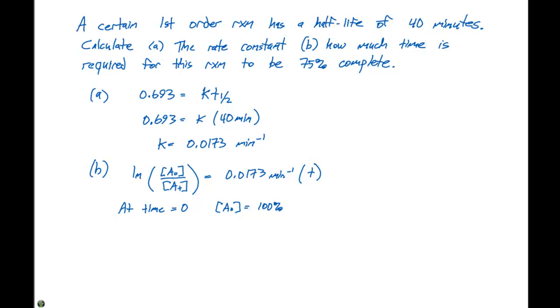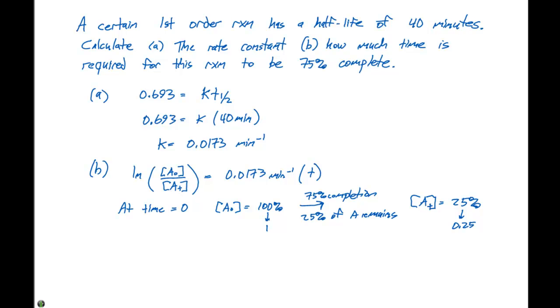If we go to 75% completion, that means 25% of A remains. So our concentration of A at any time t is going to be 25% of what we initially started with. If we write these in a decimal, this will be 1 and this will be 0.25.